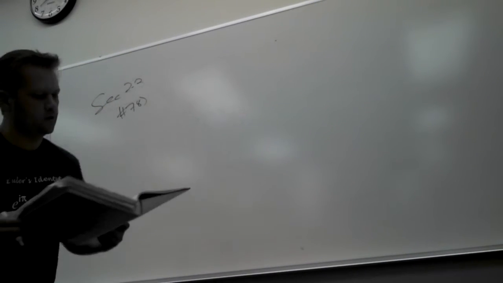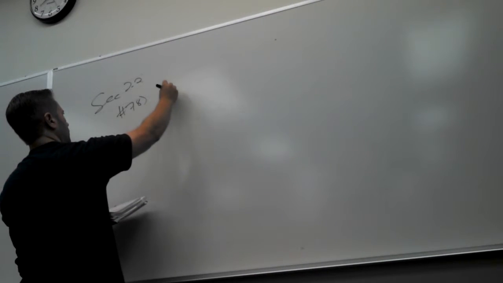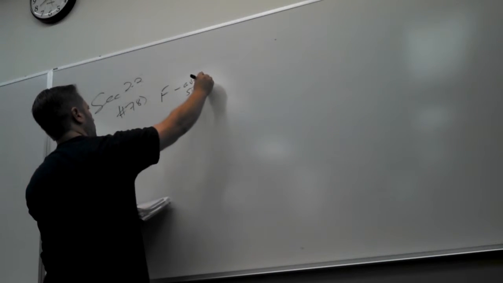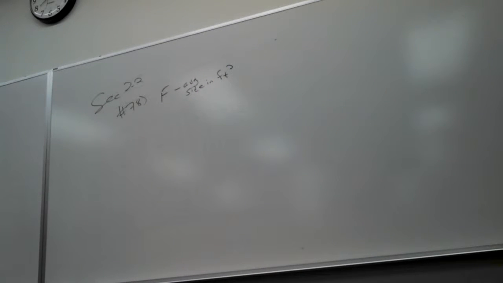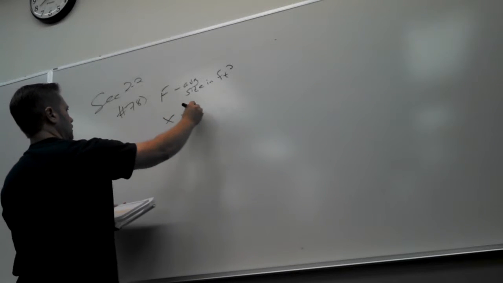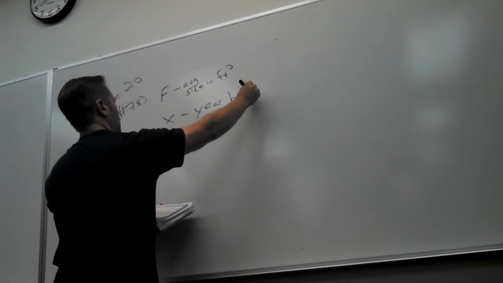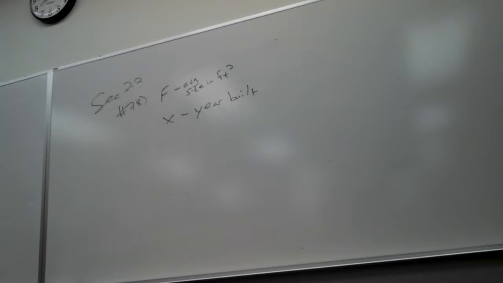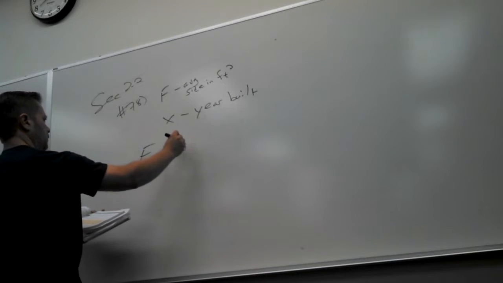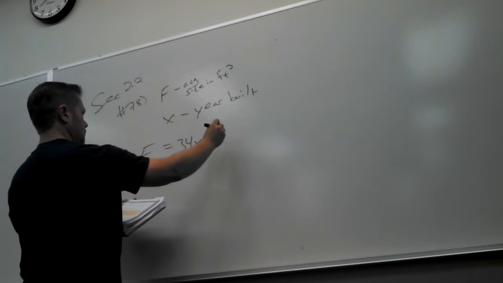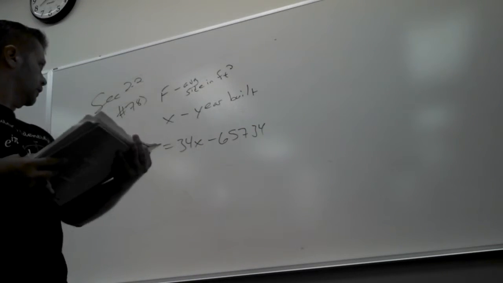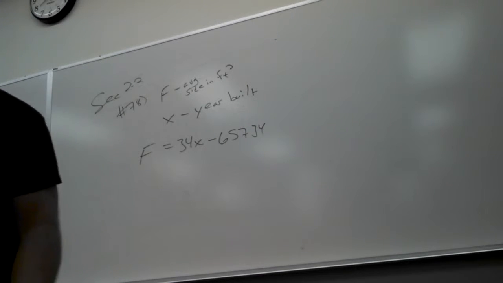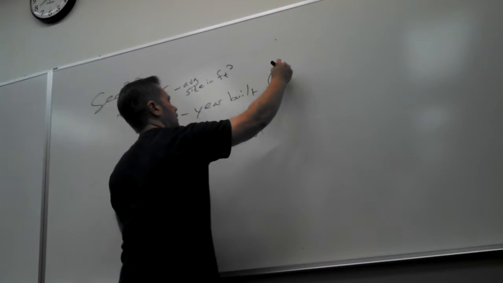It says the average size F, in square feet, so F is a good choice for that, of new U.S. homes built during year X is estimated by this formula, where X is any year from 2002 to 2008.